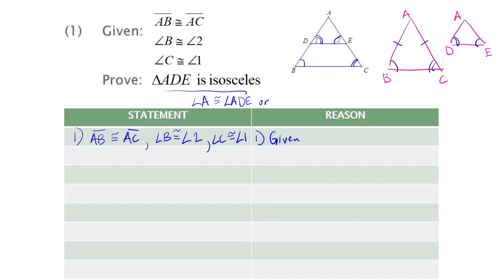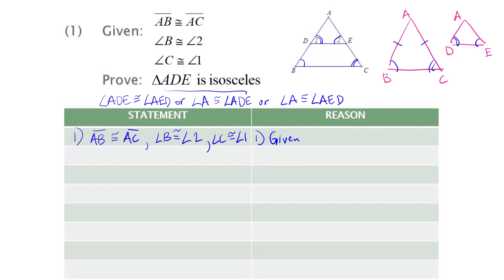Or angle A is congruent with angle AED, or what seems to be the more likely scenario, angle ADE is congruent with angle AED, right? So one of those has to be true for it to be isosceles, right? Two of these sides here have to be congruent.